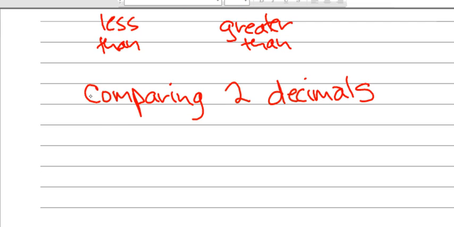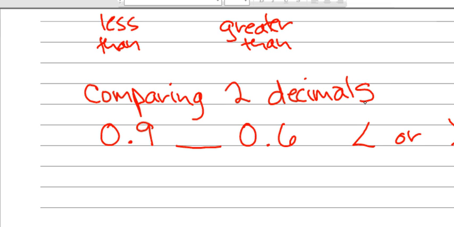Okay, so let's look at: is 0.9 less than or greater than 0.6? So is it less than or greater than? We can think of it in terms of money, or what I like to do is line them up.